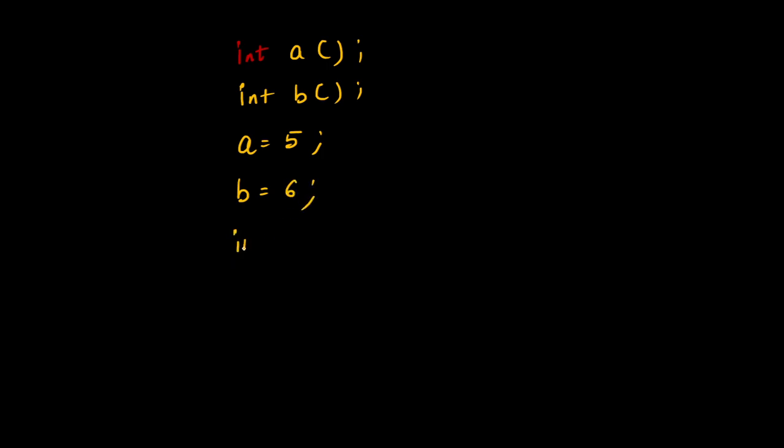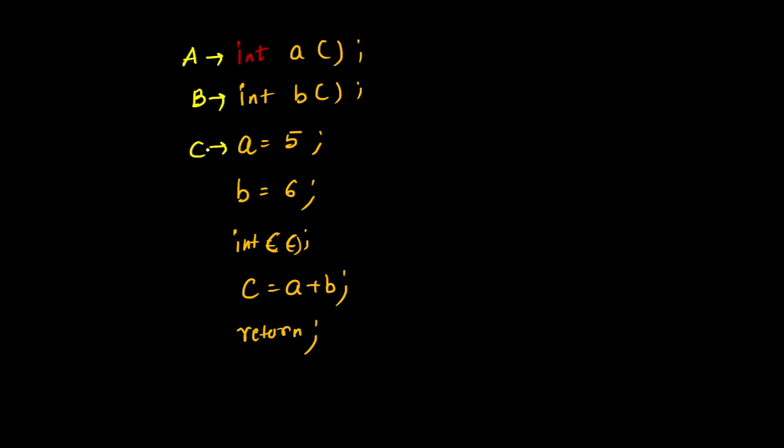Then I have defined an integer C, and I'm saying C is equal to A plus B, and then I'm saying return. Now let's name these lines: this will be A, this will be B, this will be C, this will be D, this will be E, this will be F, and this will be G.